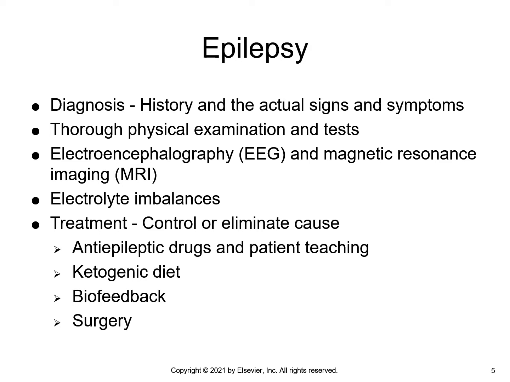The diet is prescribed by a healthcare provider, and it is monitored by a dietitian. Biofeedback techniques are geared toward teaching the patient to maintain a certain brainwave frequency that is not susceptible to seizure activity.